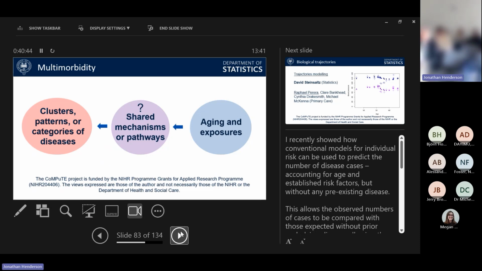And the reason why this picture is appealing is not just because it's plausible, it's also because if this is the case, then you might be able to find ways of targeting these pathways with a drug or a treatment to reduce a whole group of disease types, a bit like with a statin, for example.